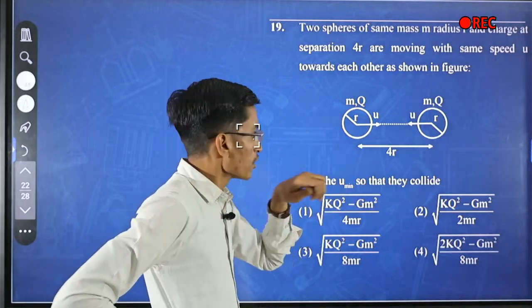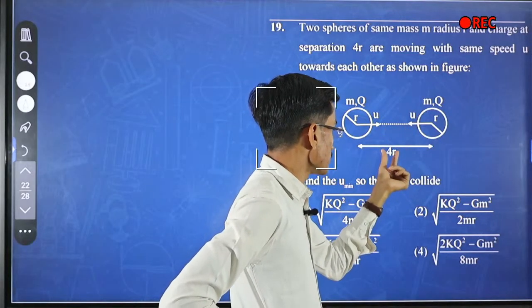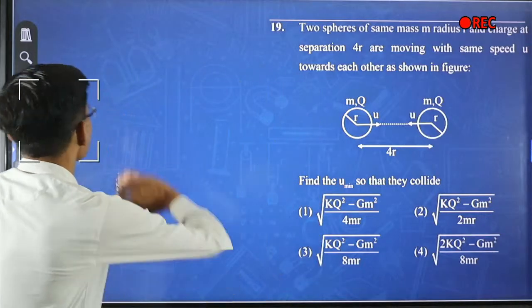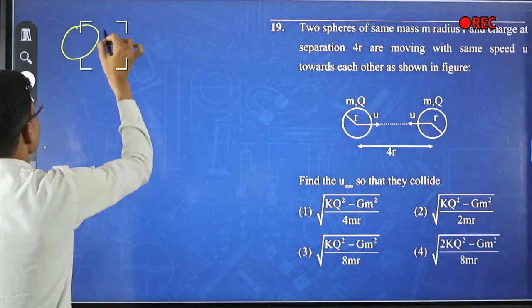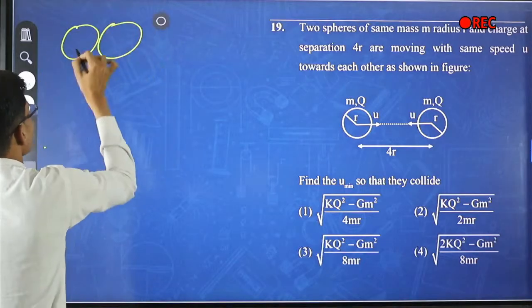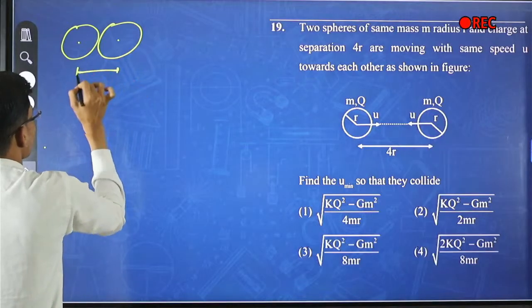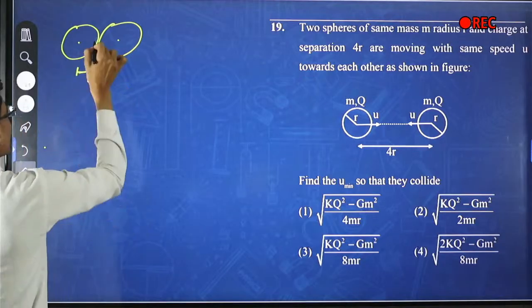In this condition, these two spheres are separated by a distance 4r. Let us draw the diagram when they are colliding. When they are colliding, the distance between their centers becomes 2r.